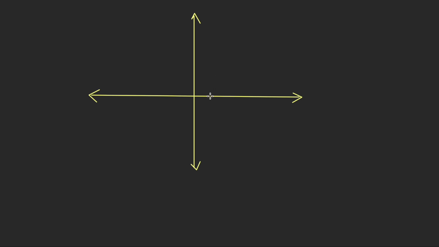Okay, now imagine this is our graph, where this line is the y-axis, and the horizontal line is our x-axis. Now any point on this graph, so say I have the point 1, 2, and say 4, 5.